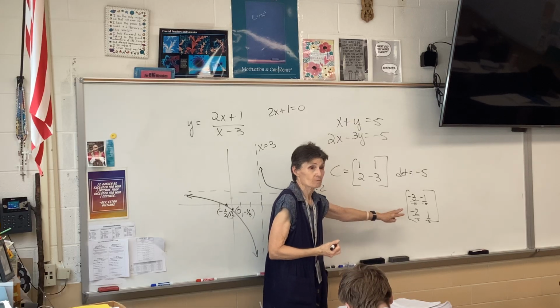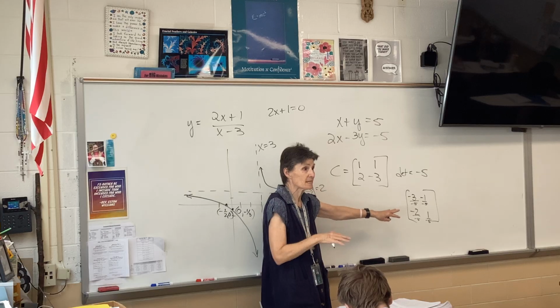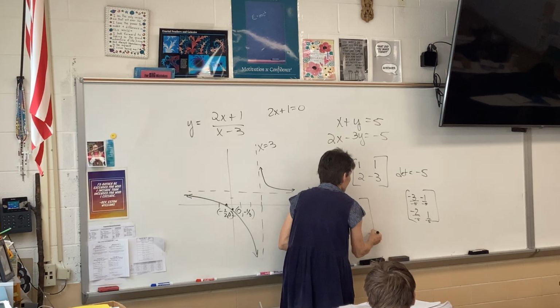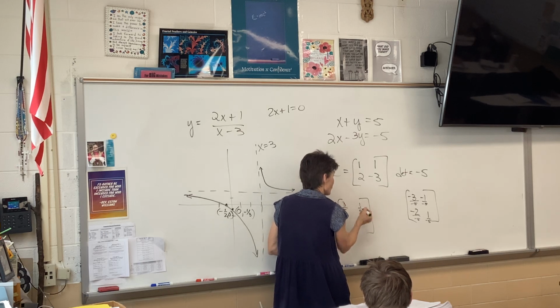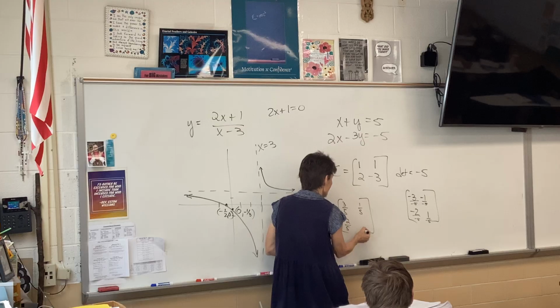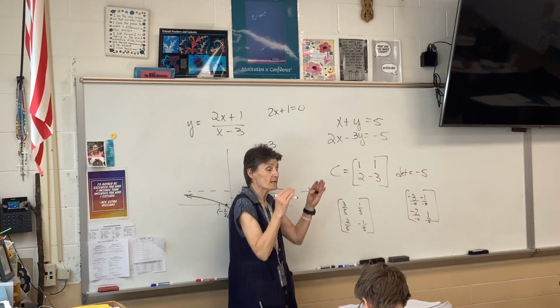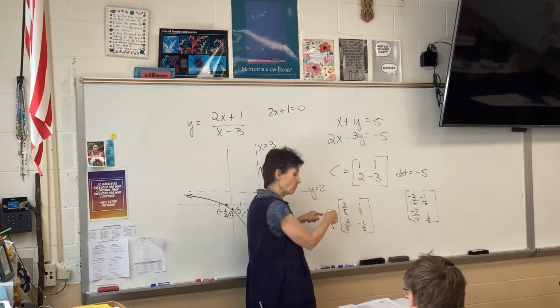That's the inverse. So if you were in another question on the rest of the test and it said find the inverse, that would be it after you simplify. So I simplify: 3/5, 1/5, 2/5, -1/5.